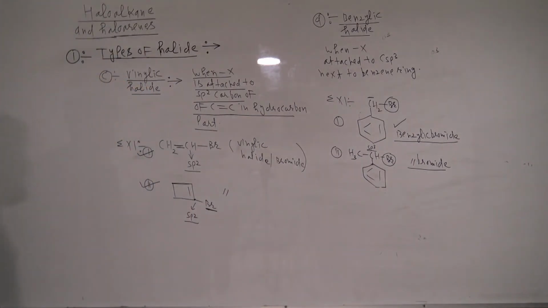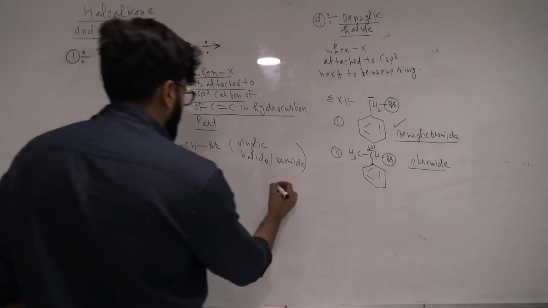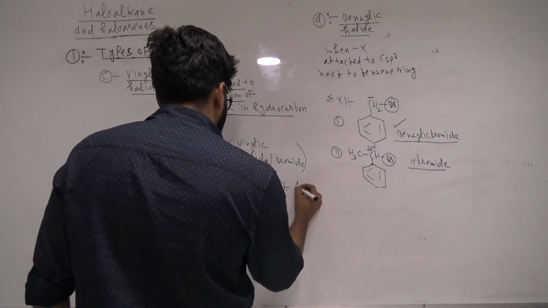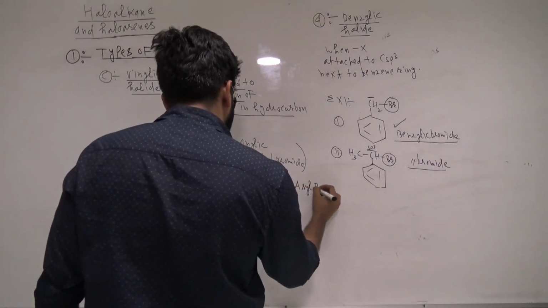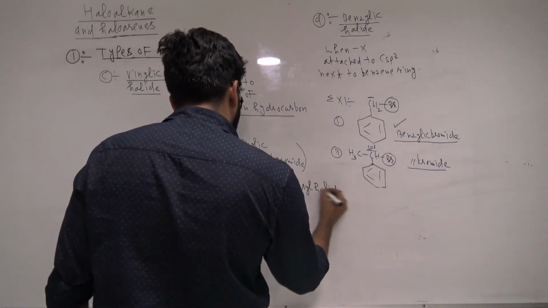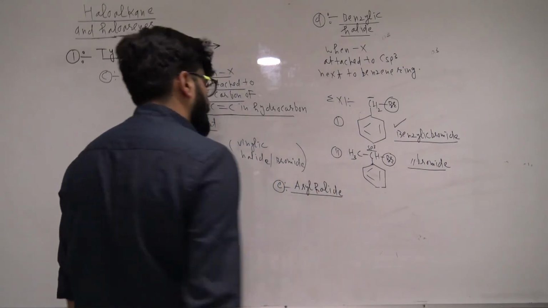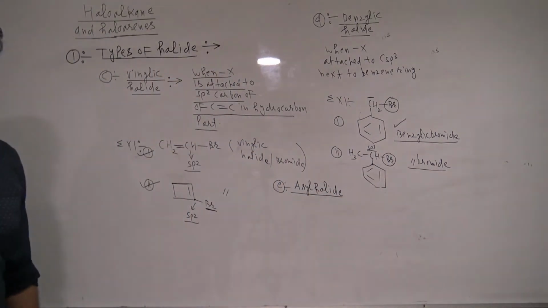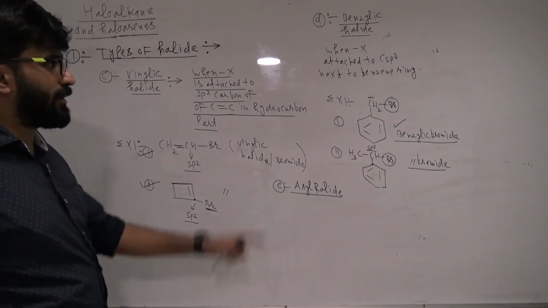So the last halide that I'm going to discuss with you is E, that is aryl halide. Now you're like, sir, what is the meaning of aryl halide? Again we are going to keep it simple.